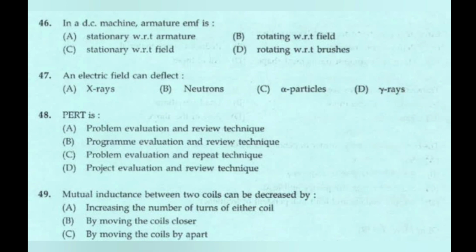Question number 46. In a DC machine, armature EMF is? Answer is option C, stationary with respect to field.